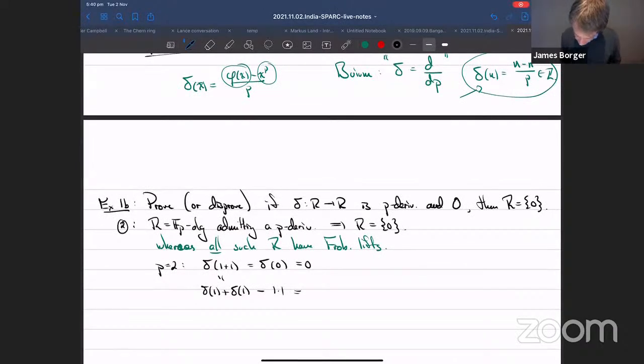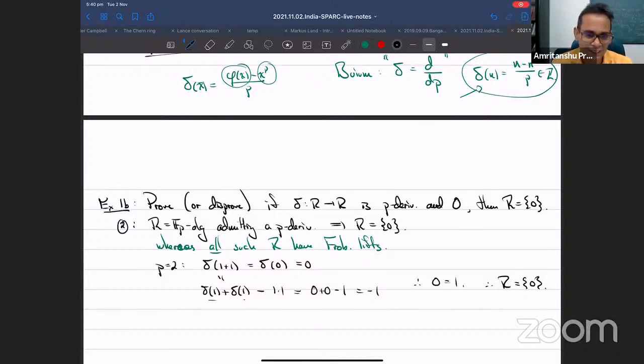And delta of 1 is of course 0, so we get 0 plus 0 minus 1. So therefore 0 equals 1, therefore the ring is the 0 ring. Okay, so delta equals 0 will not satisfy.